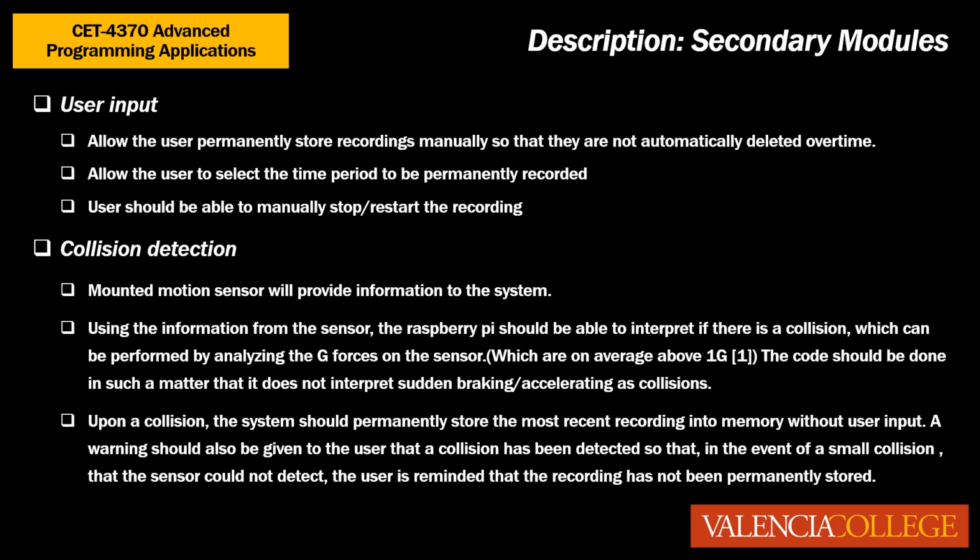This will be especially useful in the case that there is a collision with injury where the driver may not have the capability to manually, permanently record the data, so that it does it automatically without the user input. And this will be especially helpful because if it keeps running on, it will eventually hit the deletion and it will be deleted automatically. So it's a very nice feature to have.